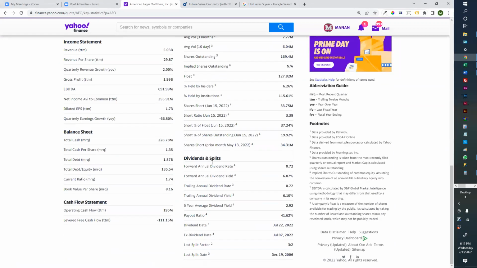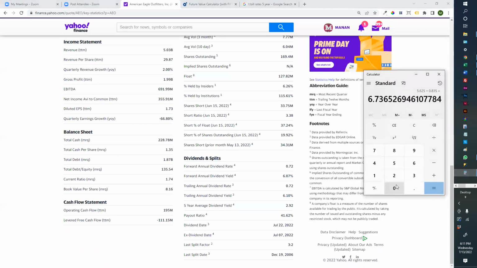American Eagle has 1.87 billion debt minus 0.228. So they have 1.64 billion debt, and the net income is only 355 million. Which is good. Okay, I can buy it. It's under five times.